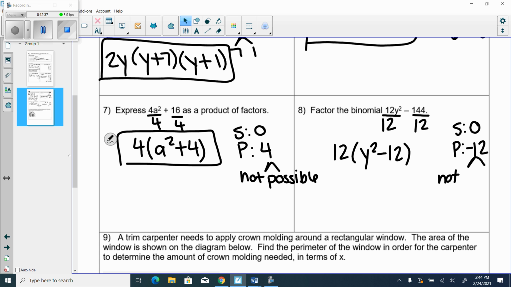So not possible here. So this one was a difference, right? They were subtracting, but the term is difference of squares. So the numbers that are in there have to have a perfect square root. 12 doesn't have a square root, right? 4 has a square root. 16 has a square root. 64 has a square root, right?